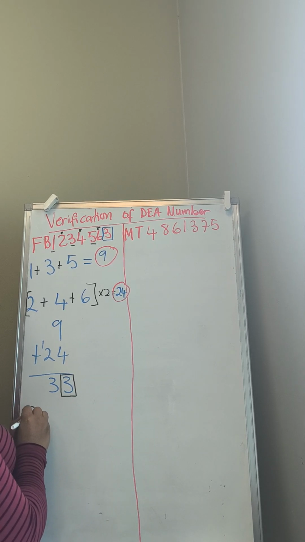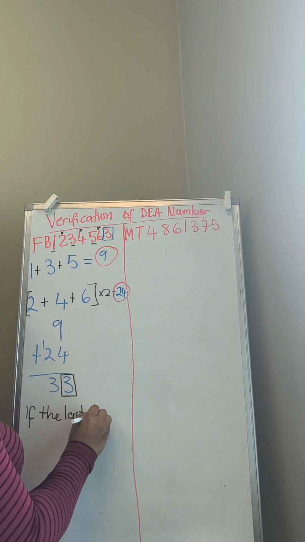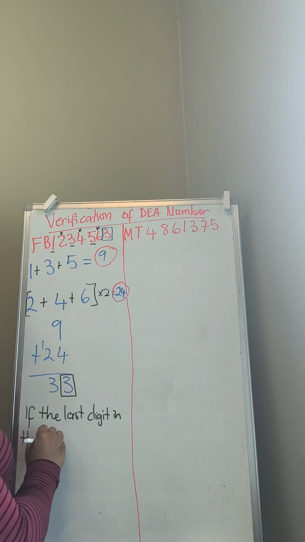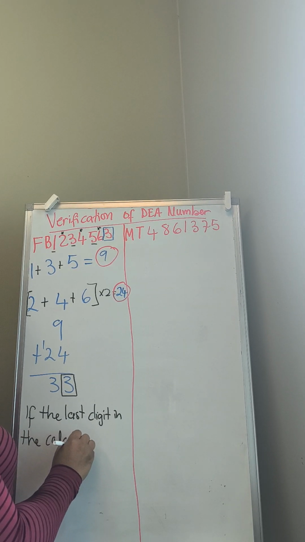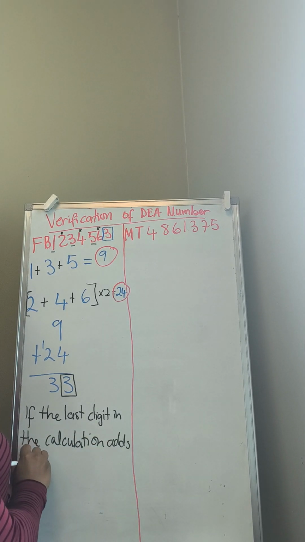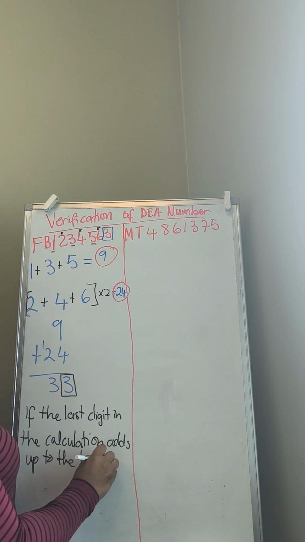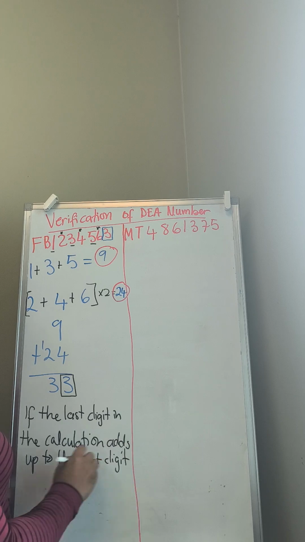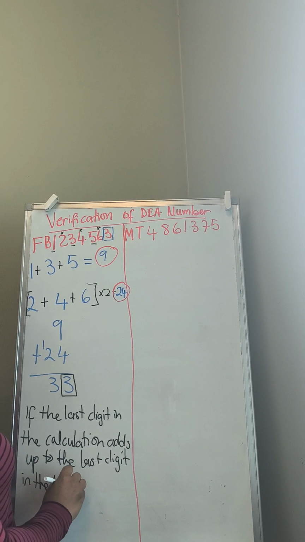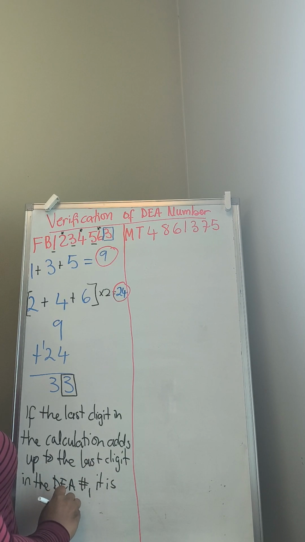If the last digit in the calculation adds up to the last digit in the DEA number, it is valid.